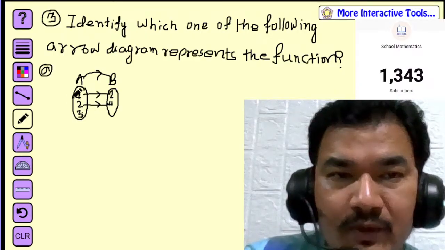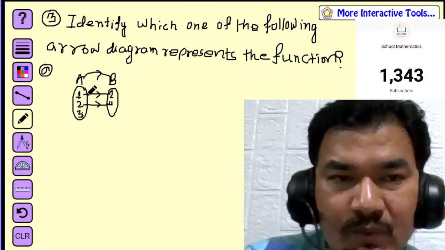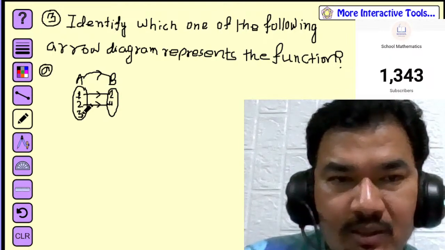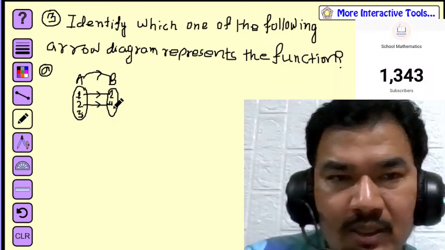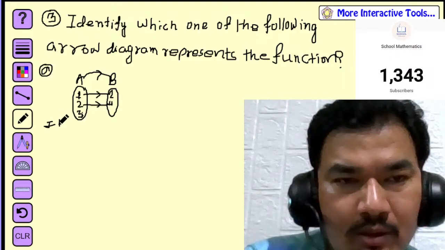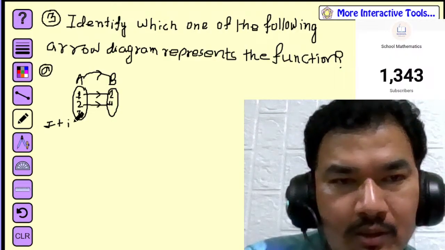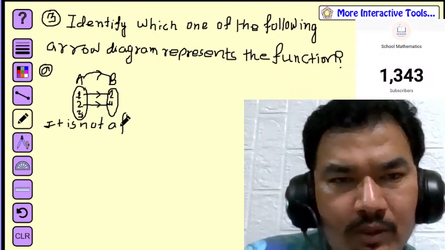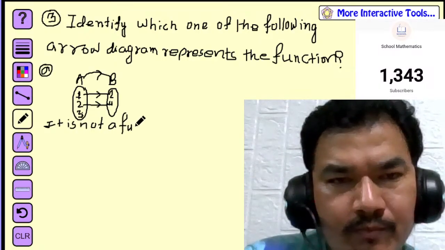All the elements of set A must have a unique association with set B. But here 3 does not have any association with the elements of set B. That's why it is not a function.